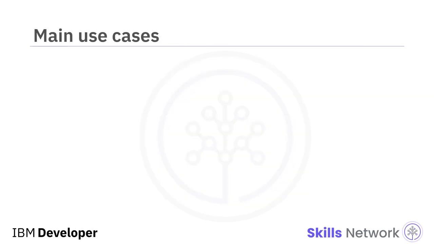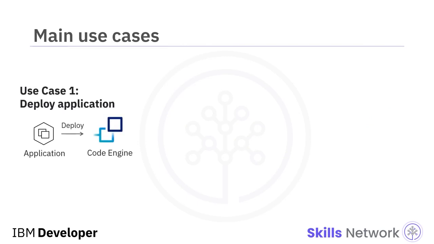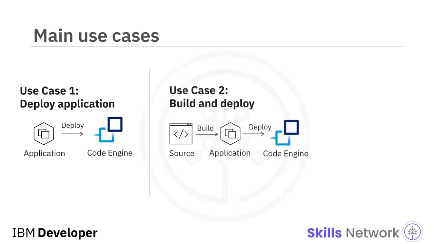IBM Cloud Code Engine has three main use cases or deployment modes. The first use case involves deploying a built application to Code Engine. An application here may represent a microservice, a web app, or a console app. The second use case is pushing the source code directly.